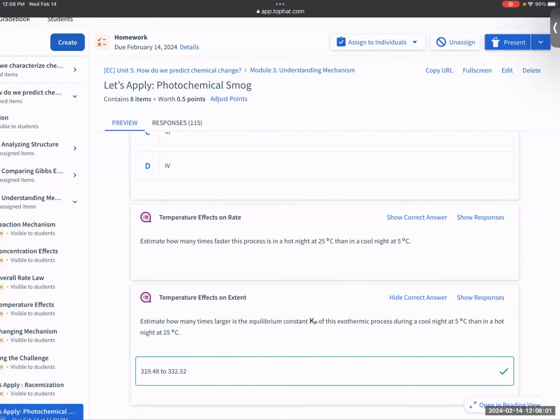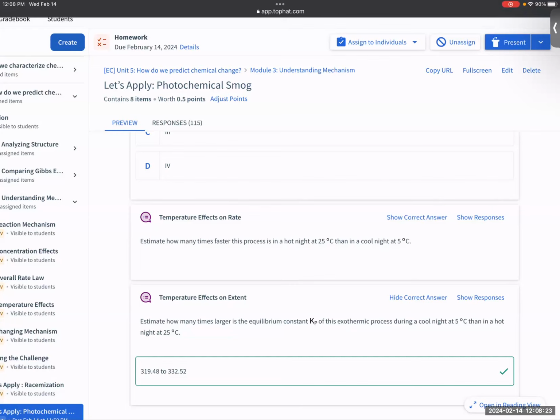Oh no, yeah, so this is the other way around. What we did was take the ratio between 25 and 5 degrees Celsius in our calculation, but they're asking how many times this equilibrium constant is larger at 5 degrees compared to 25.